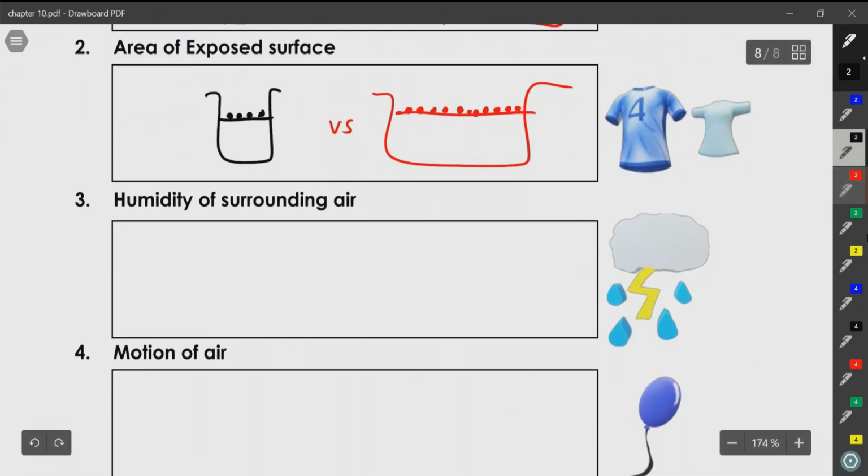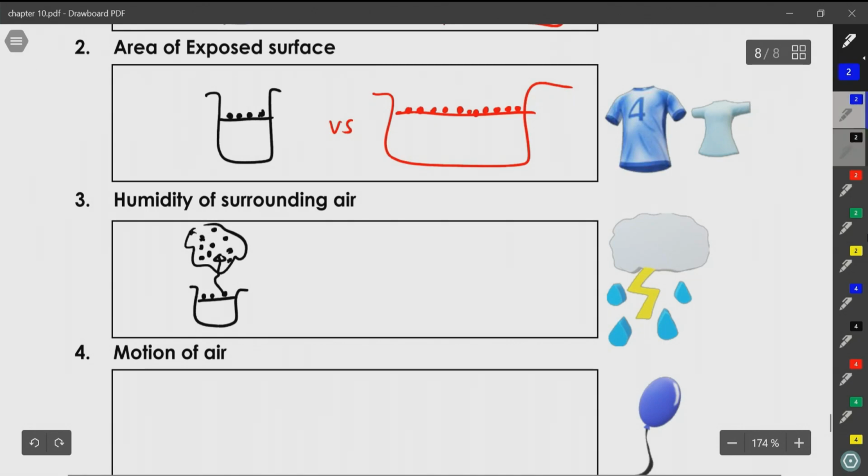Humidity of surrounding air, we talk about it. It is difficult for particles to go here. Let's say this humidity is very high. What you want to achieve is equilibrium in terms of pressure.